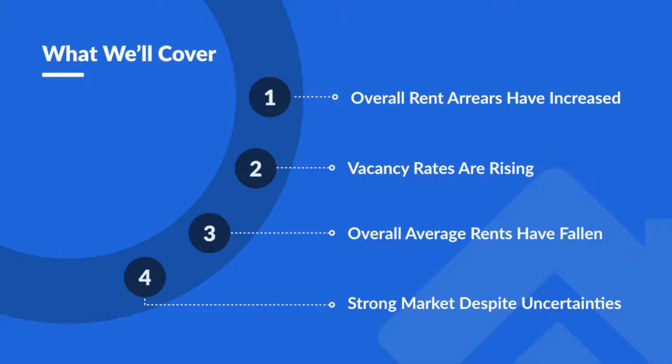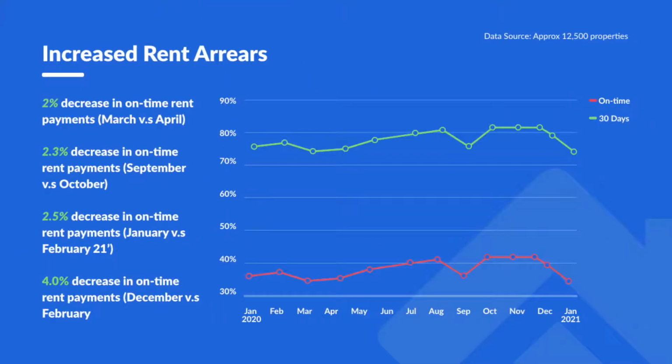Throughout 2020, our team saw clear trends emerging in the rental market that coincided with the impact of COVID-19, the government stimulus action, and shifts in renters' demand. Among these trends were a few key insights, including an increase in missed and late rent payments due to the rising financial pressures on landlords and tenants. The impact of COVID can be seen most clearly in the months of April, where missed rent payments increased by 2% compared to March.